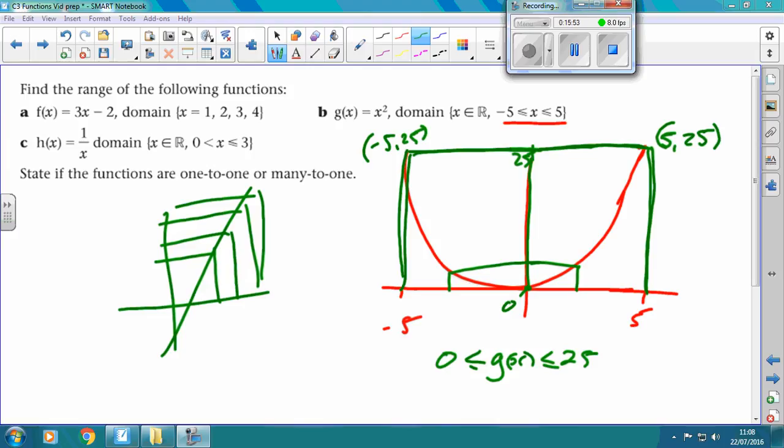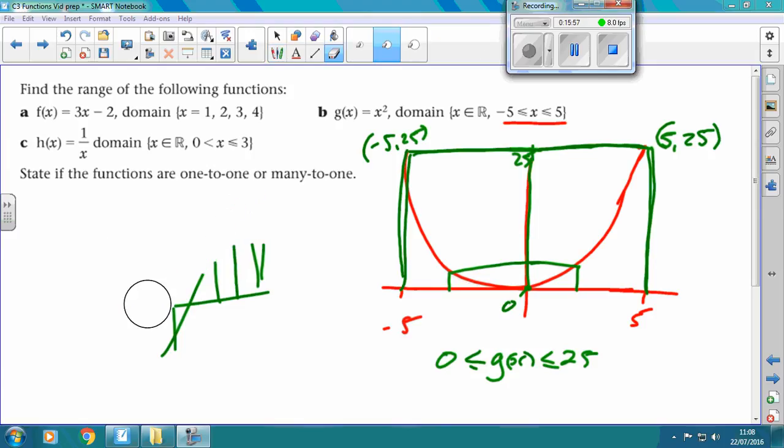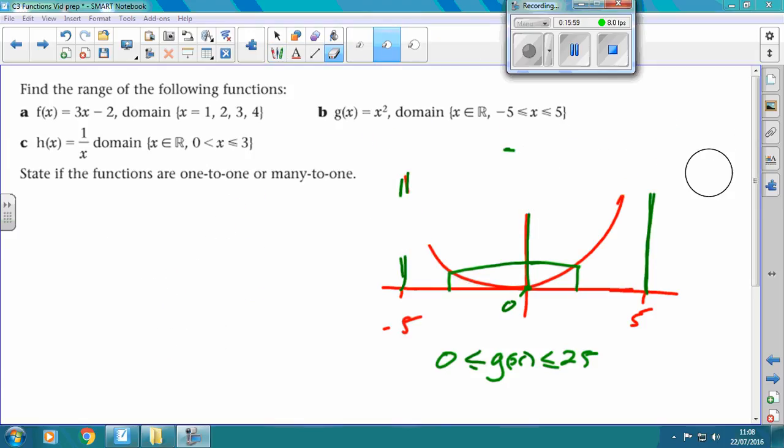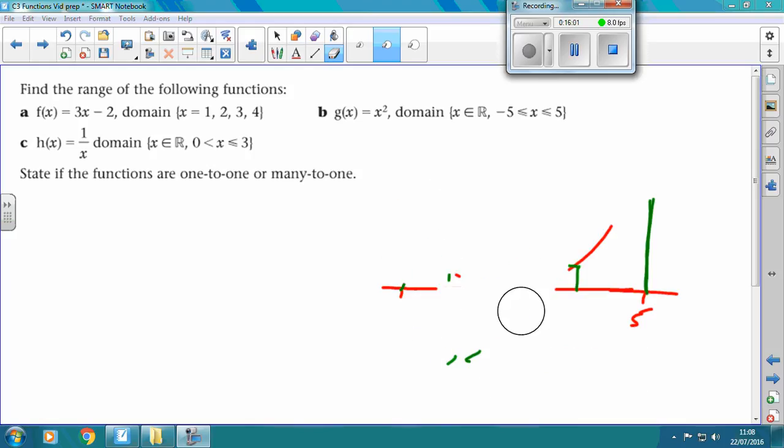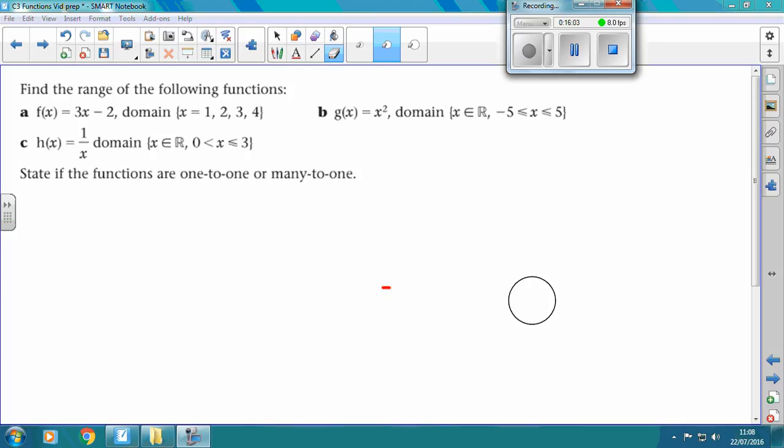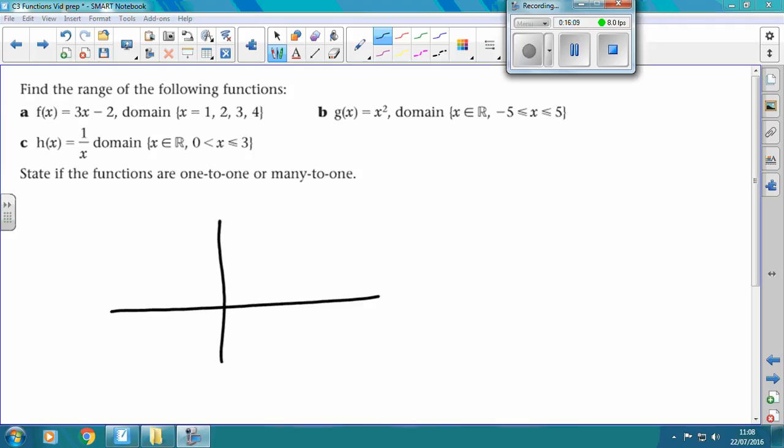So let's have a look at what 1 over x looks like. Okay, so 1 over x looks like that there. Of course, you've got an asymptote, which is the y-axis.